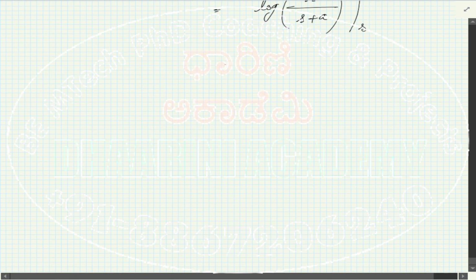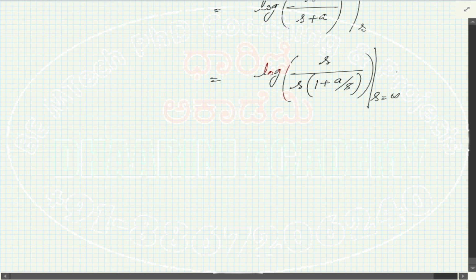So when I want to substitute infinity to this, I'll keep it in this fashion: log of, I try to take out an s, 1 plus a by s with s equal to infinity, this is the first term, minus log of, put s as s only, so s by s plus a.